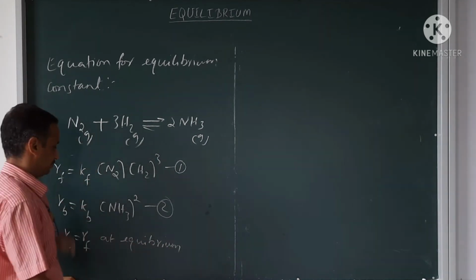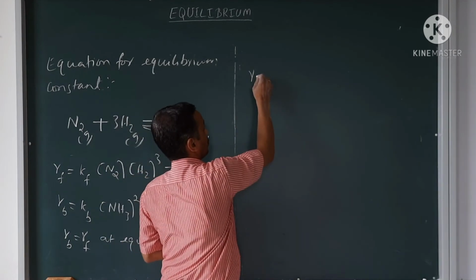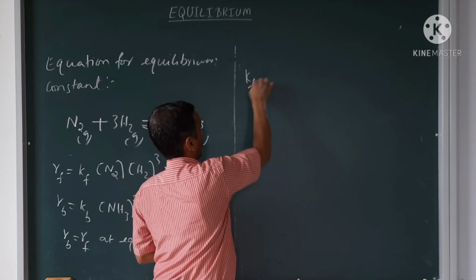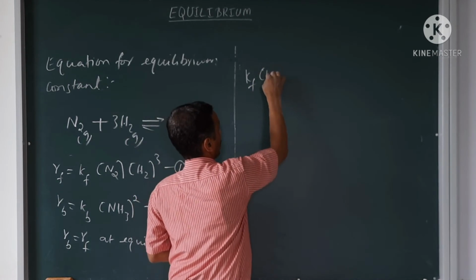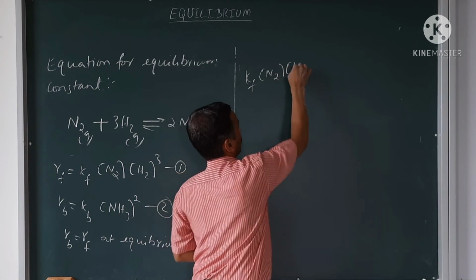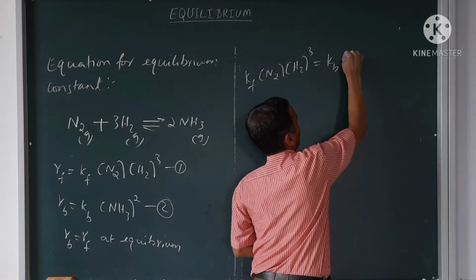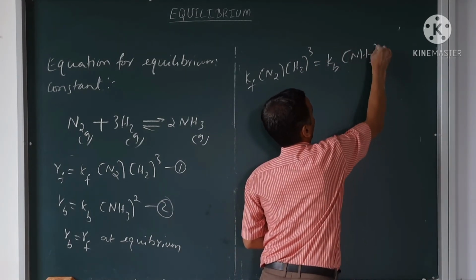So what happens here? K of F into N2 into H2 to the power 3 is equal to KB into NH3 to the power 2.